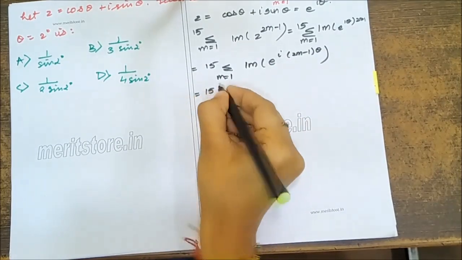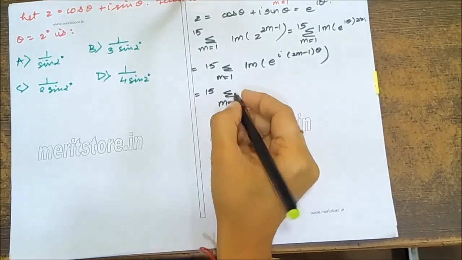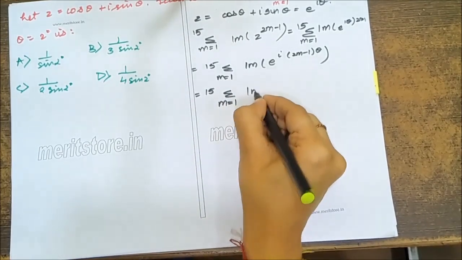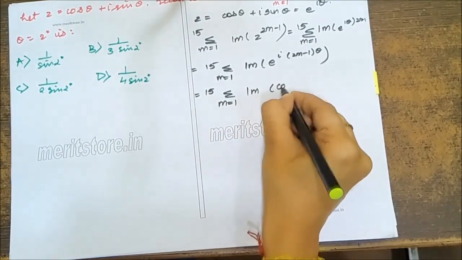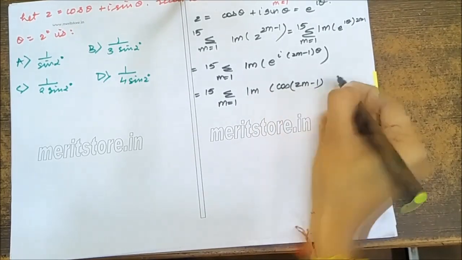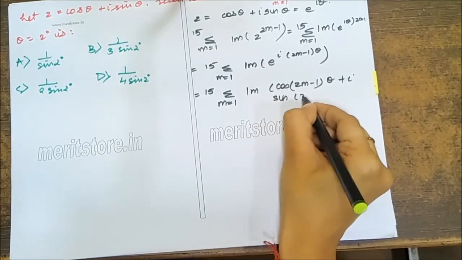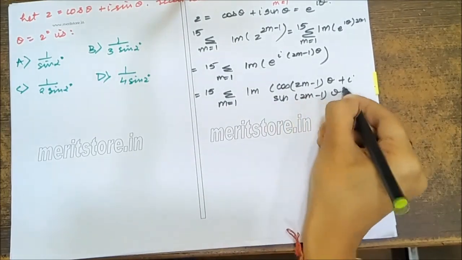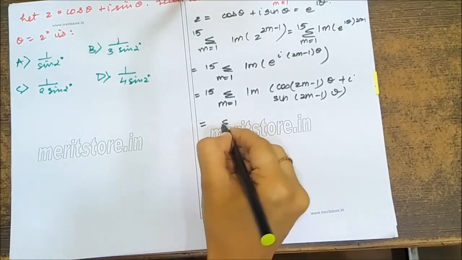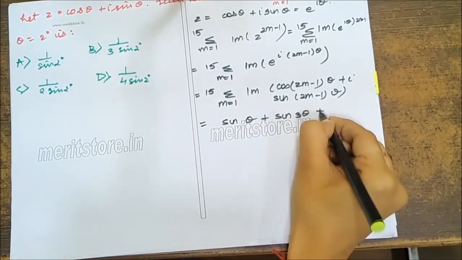That is summation from m equal to 1 to 15 of the imaginary part of cos of 2m minus 1 theta plus i sin of 2m minus 1 theta, sin theta plus sin 3 theta and so on.